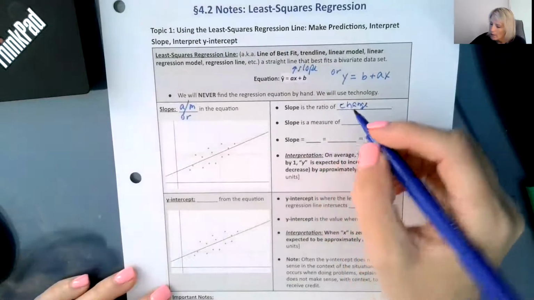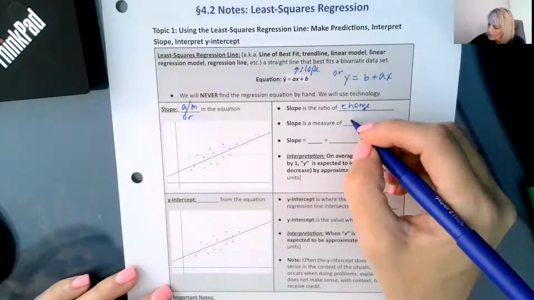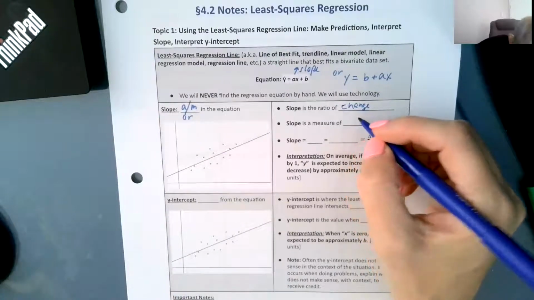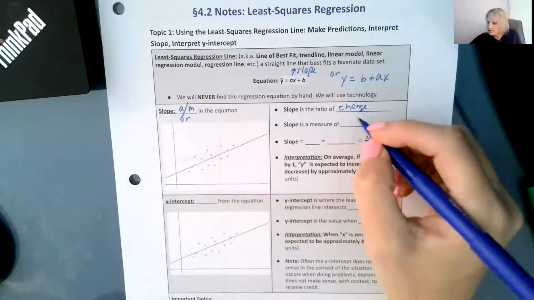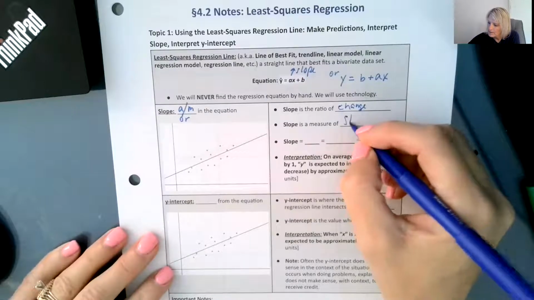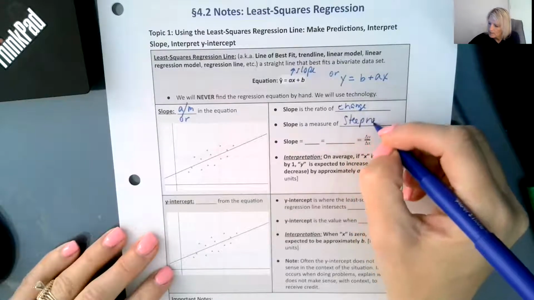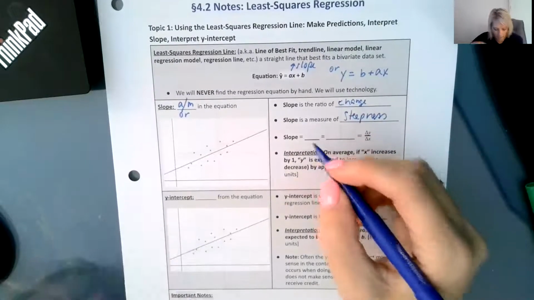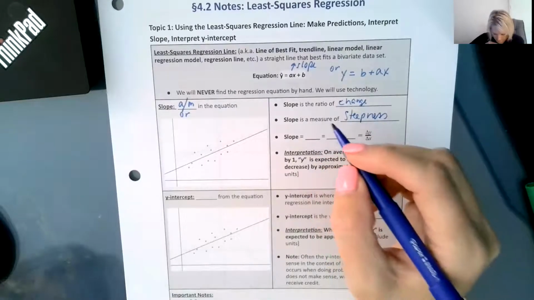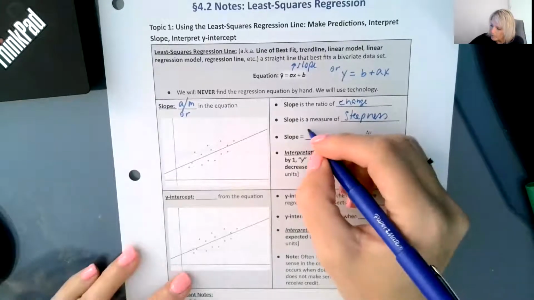Slope is a measure of steepness. It can be written as rise over run.